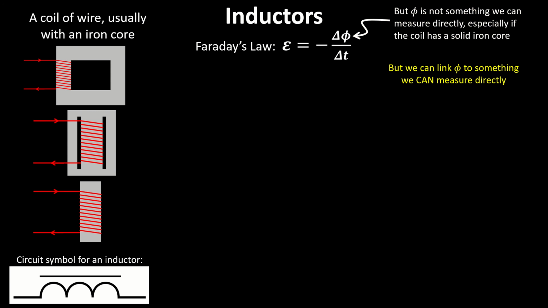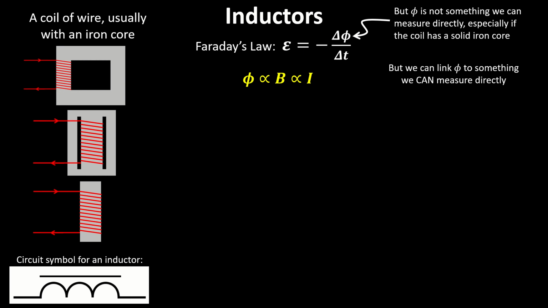Okay, so what do we know about flux? What we know about flux is that it is directly proportional to magnetic field strength. Flux is magnetic field strength times area, and the area is not changing. So if we doubled the magnetic field strength, we'd have double the flux. And something we know about magnetic fields, we haven't been through this, but take my word for it, is that magnetic field strength in a coil is proportional to the current.